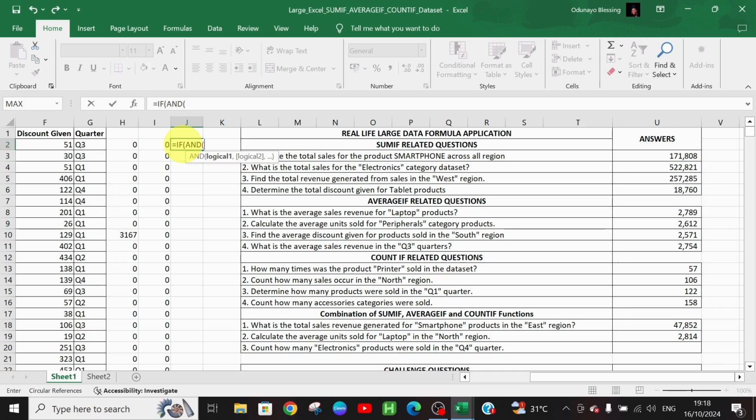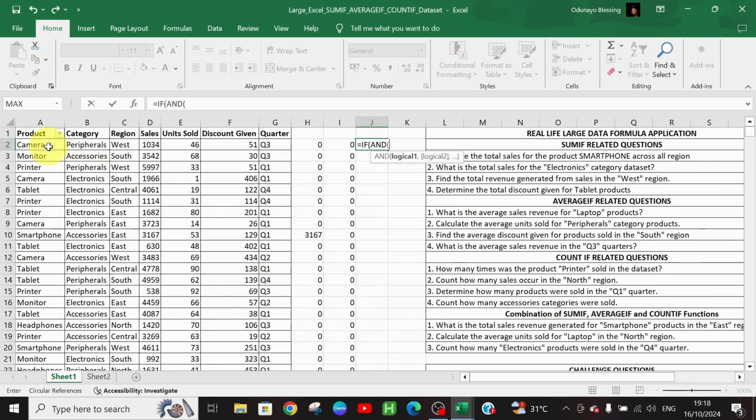What are we considering? If A2, why are we using A2? Because A2 is talking about the product. A2 is equal to electronics. Okay, it's not going to be A2, apologies, because that is not where electronics lies. Electronics lies under the categories.